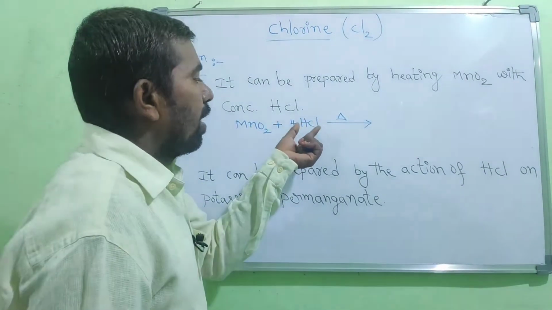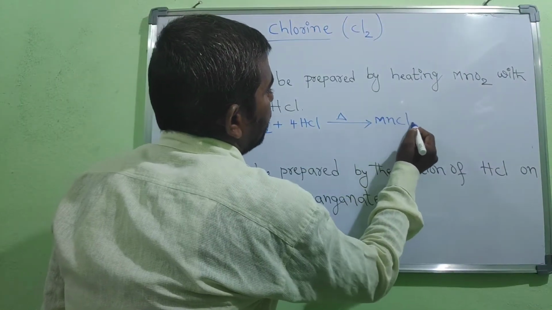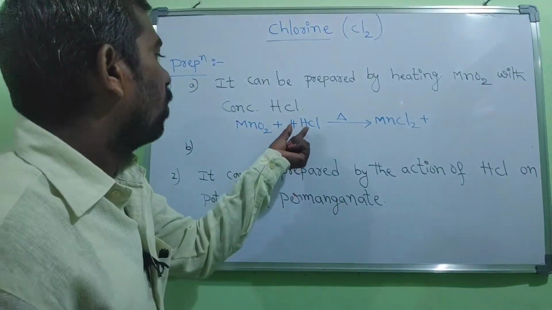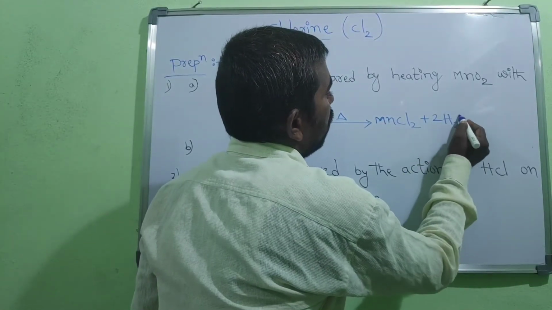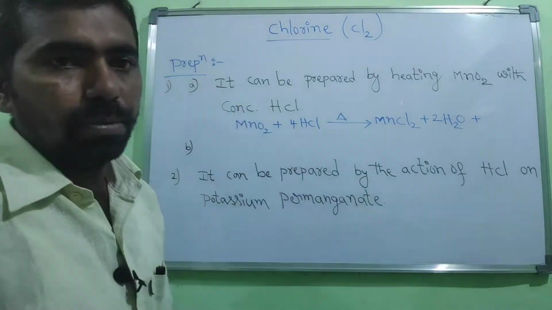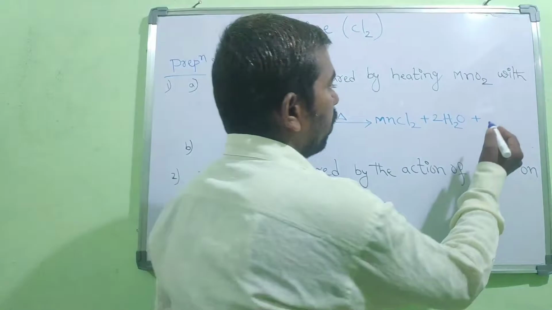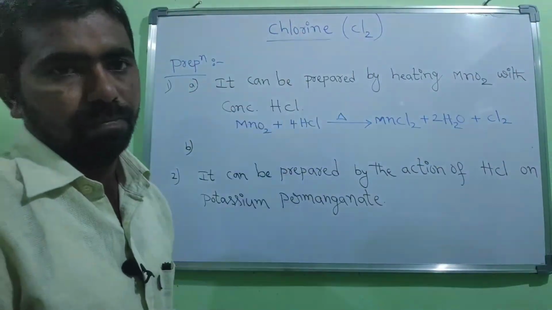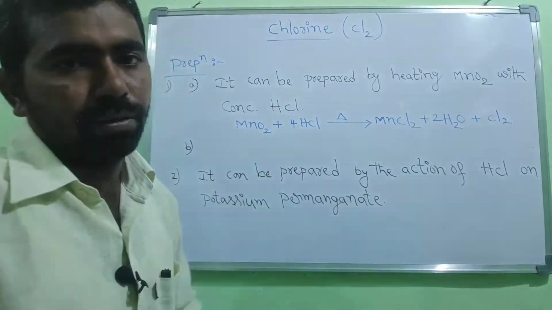Manganese, on heating with HCl, forms MnCl2, and from 4 hydrogens with 2 oxygens, straightaway we can write 2 H2O molecules. Among the 4 chlorine atoms, 2 are combined with Mn, so remaining only 2 chlorine atoms, so Cl2. Here the formation of chlorine takes place. That is about the preparation of chlorine from these 2 reactants.